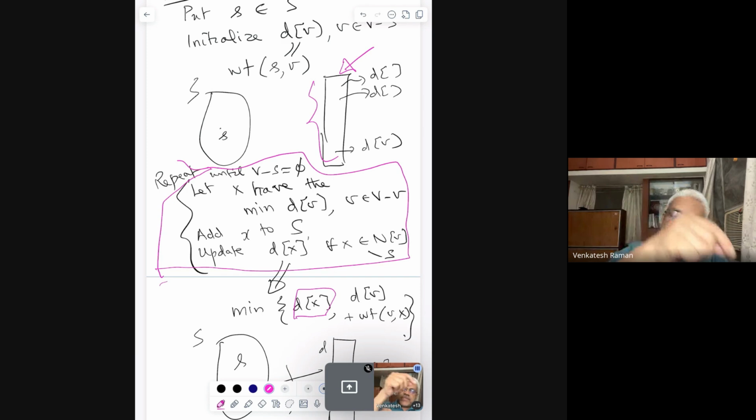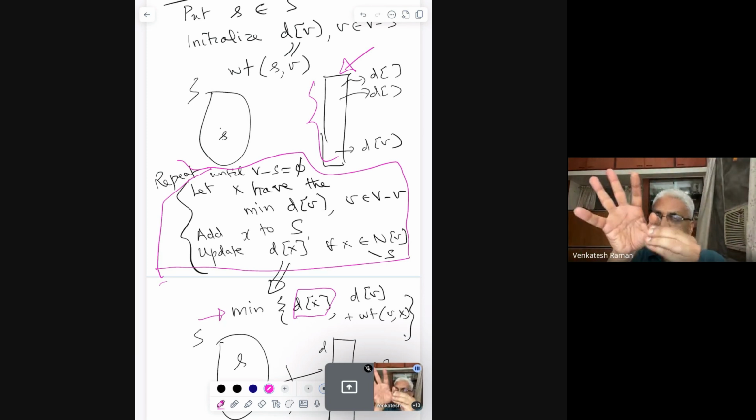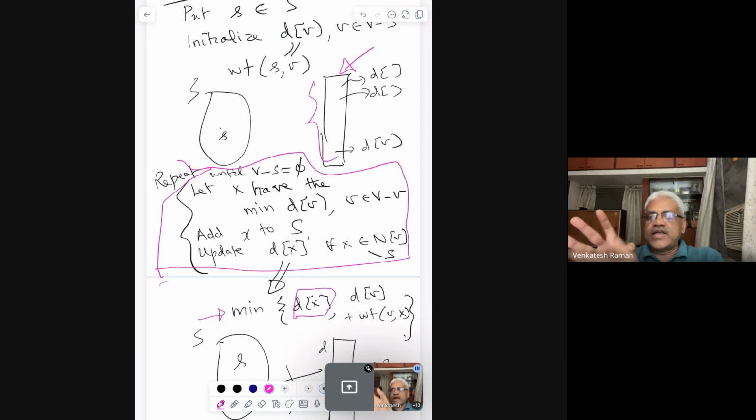Then once I delete min, the neighbors of the vertex which I added, I need to update in this fashion: current neighbor distance plus this distance, whichever is smaller. Each one is a constant time operation, but how many I'm doing is the neighbors of that vertex. By the way, this is where the adjacency list is important. If I have a weighted adjacency list, I know all its neighbors and their current distances, compare with the new distance, and update whichever is smaller.